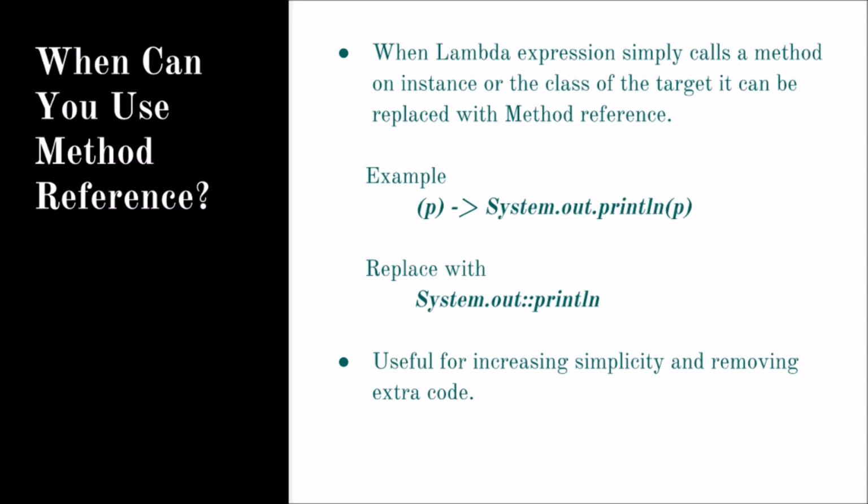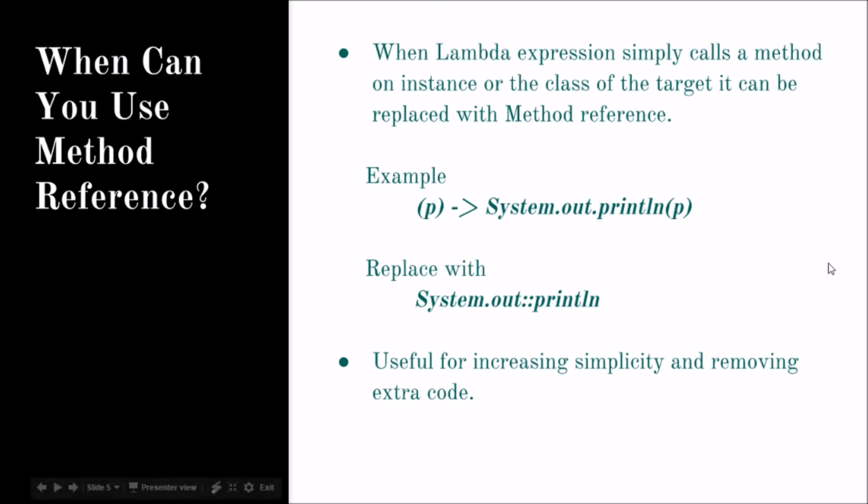So when can you use a method reference? There are scenarios wherein you're just picking an object and directly passing it to a method in lambda expressions. In those kinds of scenarios, you can replace that call with a method reference because that makes it easier to understand and has a short syntax.